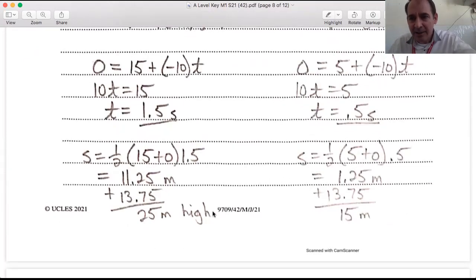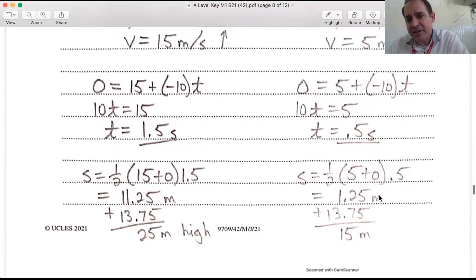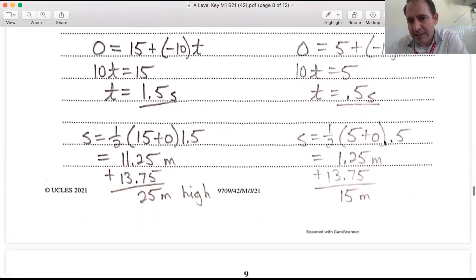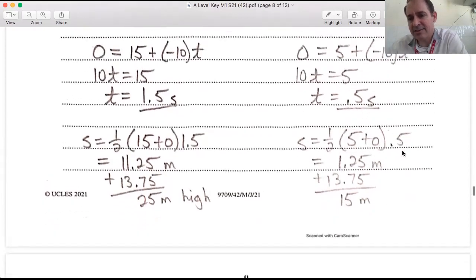It's higher than what particle B started with when it was first released. That's because A was projected with a higher velocity, had higher mass in this particular scenario, and so the impact drove it back up. In this scenario on the right, the velocity is less, and the time traveling is less.